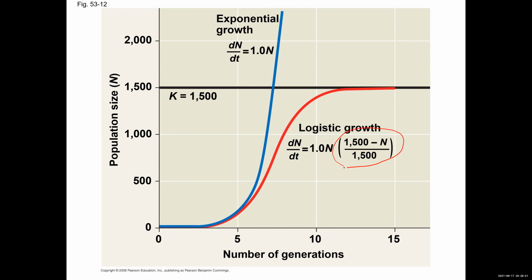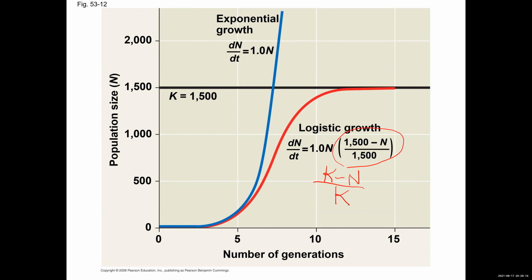So we're modifying little r, we're reducing it. What are we reducing it by? We're reducing it by the difference between the current population size and this value K, right? So for this example, K is equal to 1500. And so this term of our equation is actually K minus N divided by K, right?